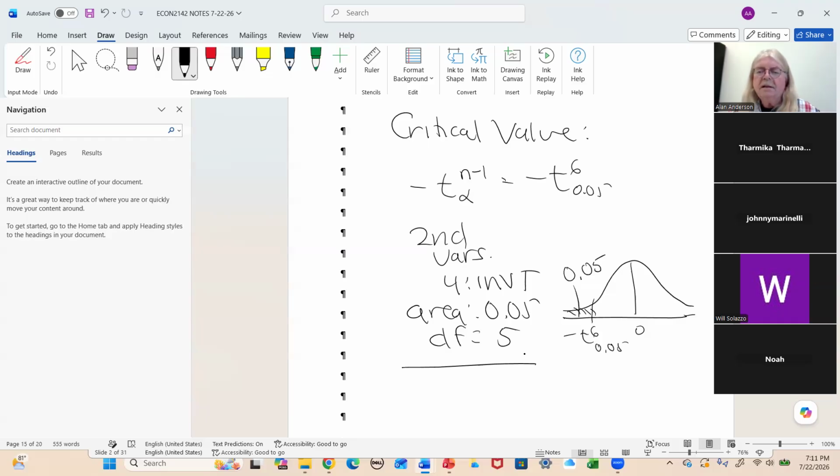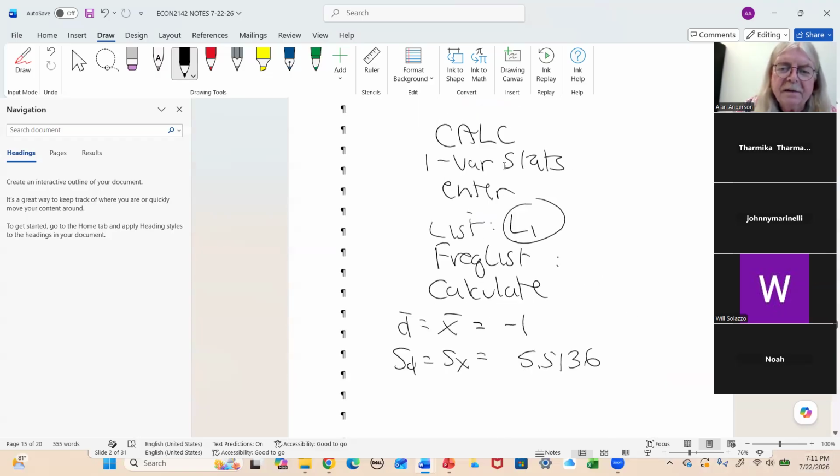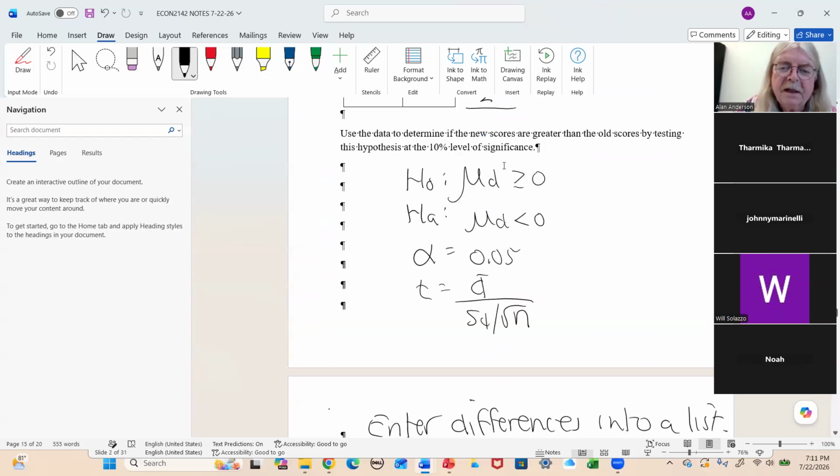Oh, I just realized, you know what? No, the alpha is not 0.05, it's 0.10. Let's go back and read the question again. No, you know what it is? Right from the beginning, I copied it wrong. All right.